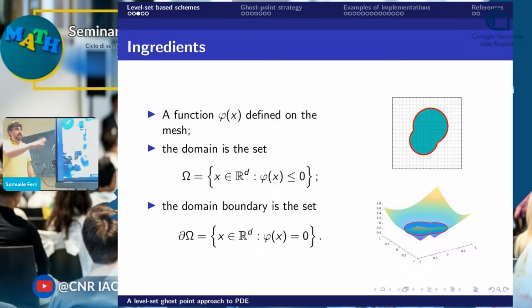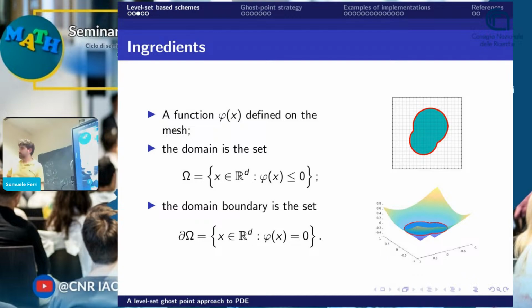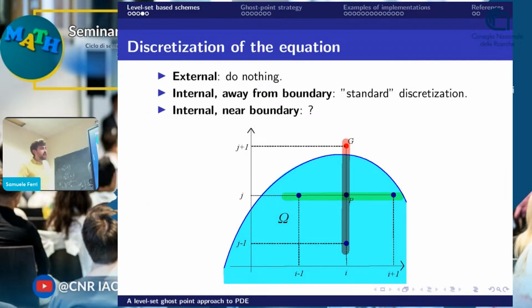So the level set can also be an implicit curve, because with implicit curves we try to find the region of the plane where the function is equal to 0. The problem is, okay, we have split our computational domain in 3 parts.